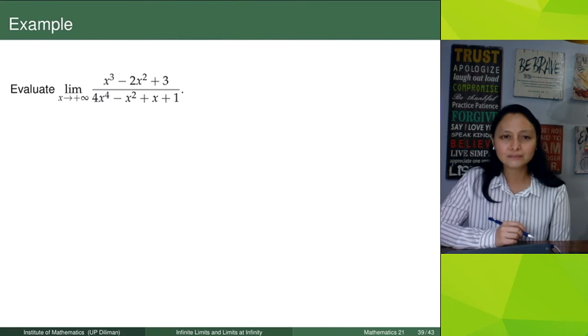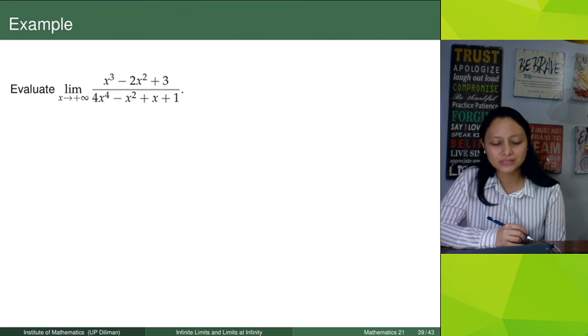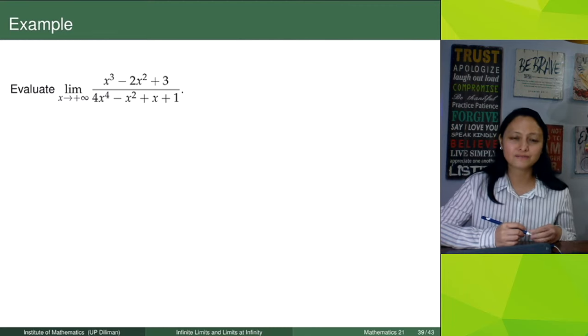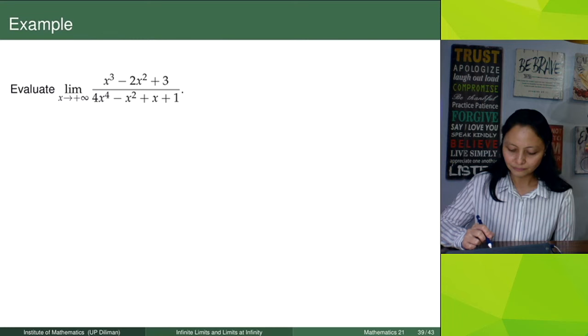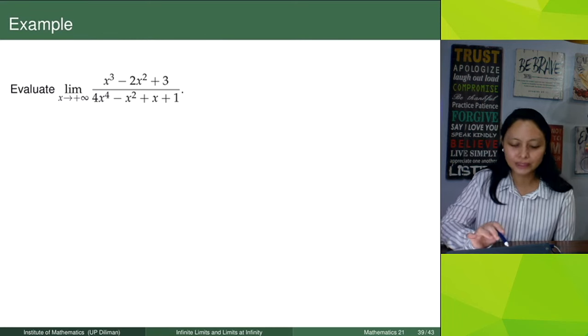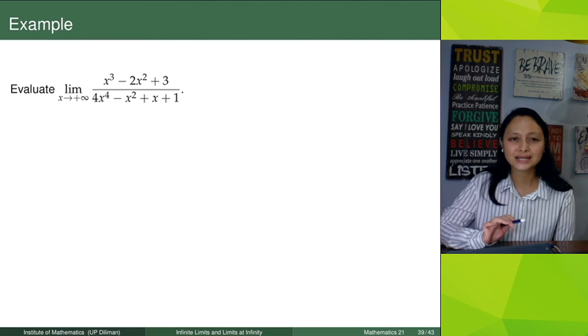So, we want to get the limit of (x cubed minus 2x squared plus 3) all over (4x to the fourth minus x squared plus x plus 1) as x approaches positive infinity. Diba, kung kukunin natin yung limit ng numerator as x approaches infinity, remember, sabi natin kanina, kunin nyo lang yung limit ng leading term, in this case, x cubed.